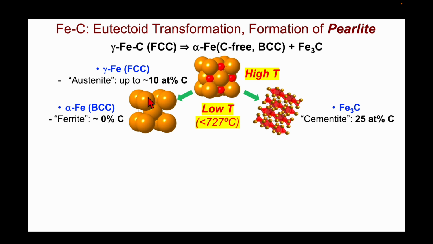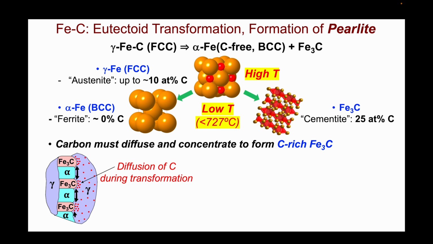The structures of these phases are quite different from each other, and therefore the transformation must proceed through a nucleation and growth process. As we mentioned, during the transformation, carbon must diffuse and concentrate into the regions that form Fe3C. The easiest way to do this is for the two phases in the product to cooperatively grow side by side and form a lamellar structure, a layered structure.